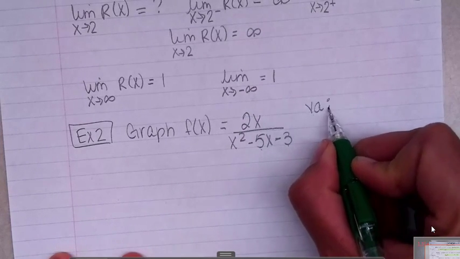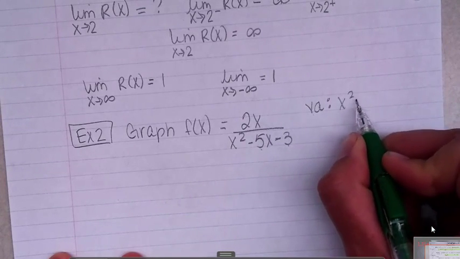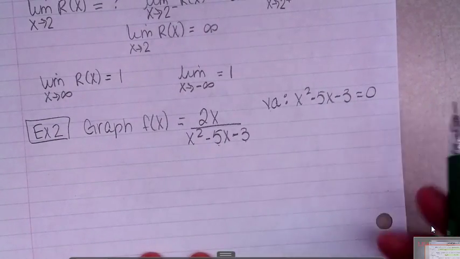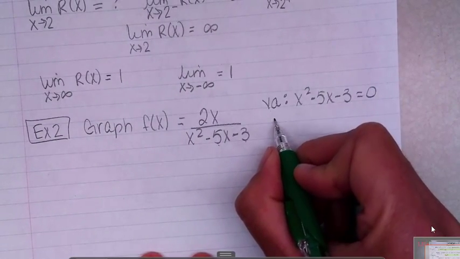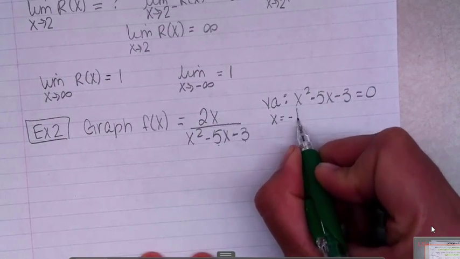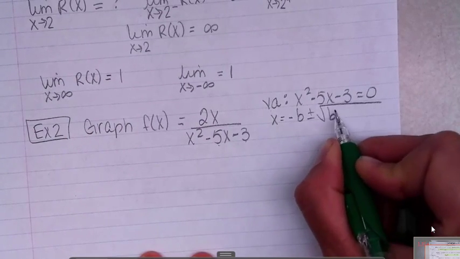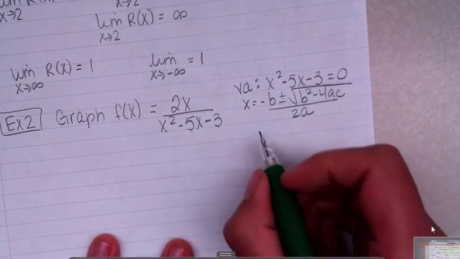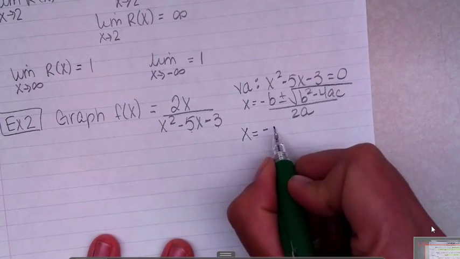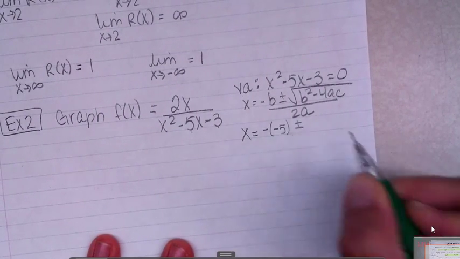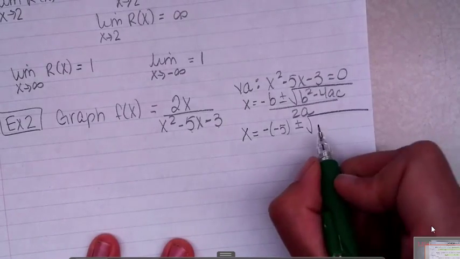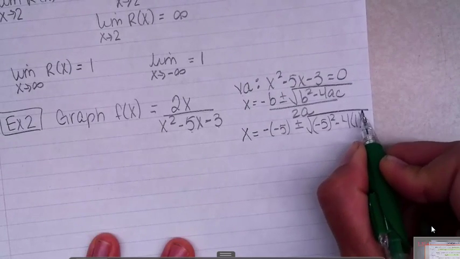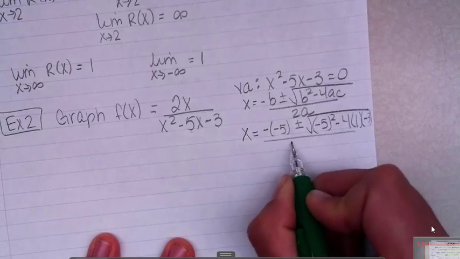So for my vertical asymptote, I'm going to set the denominator equal to 0. I can't factor it, so now I'm going to jump to the quadratic formula: negative b plus or minus the square root of b squared minus 4ac, all over 2a. So x equals negative negative 5 plus or minus the square root of negative 5 squared minus 4 times 1 times negative 3, all over 2 times 1.